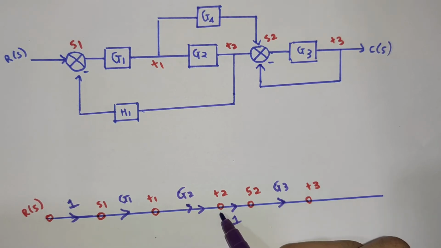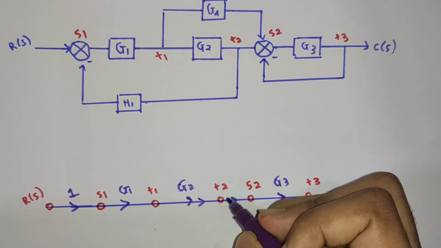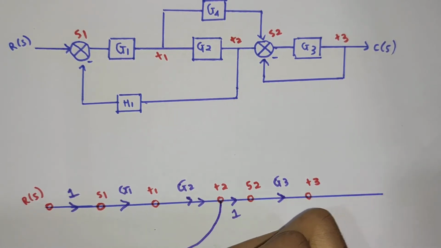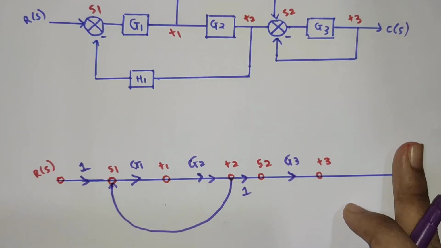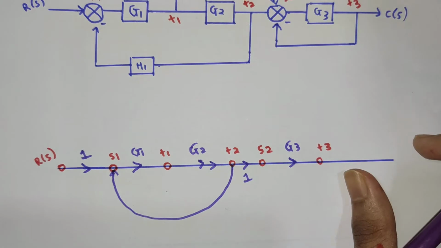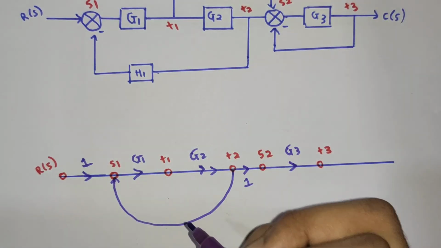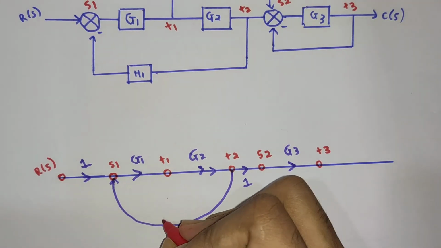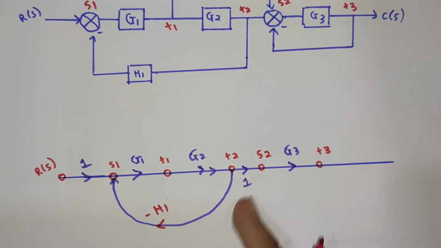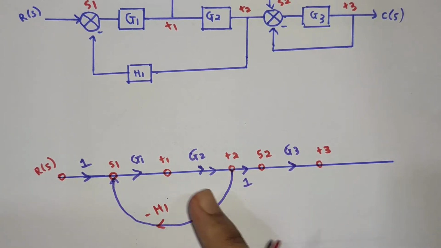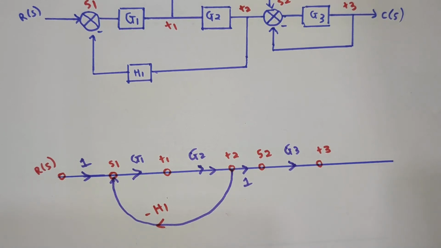You can draw it freehand from T2 to S1, and the sign at the summing point is negative, so this will be minus H1. This is an important thing: it is going back. This is the forward path from input to output, and this is going back, so this will be minus H1.